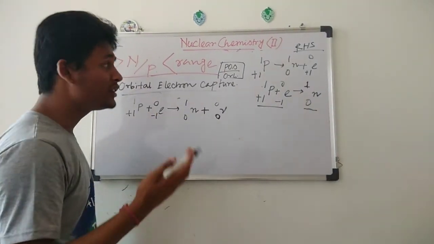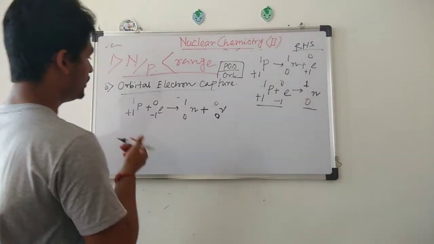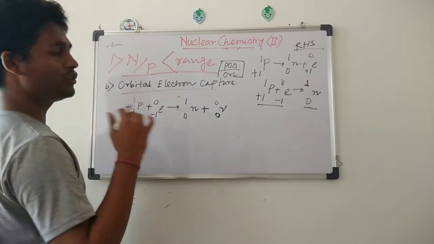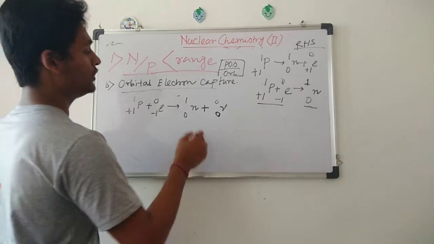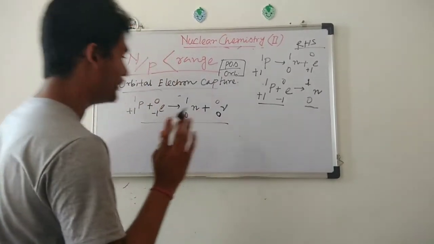When that much energy is not available, then to increase the N by P ratio, the orbital electron capture process will happen.